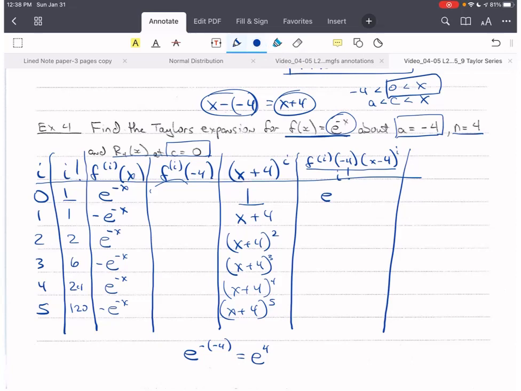Okay, so this is going to be e to the +4, negative e to the 4th, e to the 4th, negative e to the 4th, e to the 4th, negative e to the 4th.